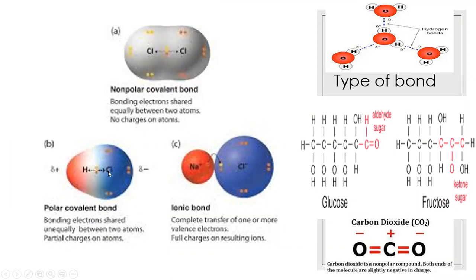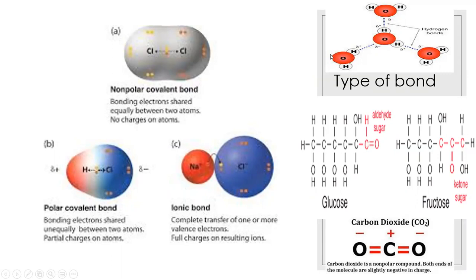Here, HCl is more electronegative on Cl, so more time is spent on Cl than H, so this is the negative end and the positive end. Here NaCl, as you see, is ionic, and we talked about the reason. This is the water molecule.